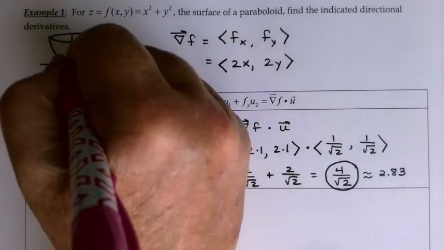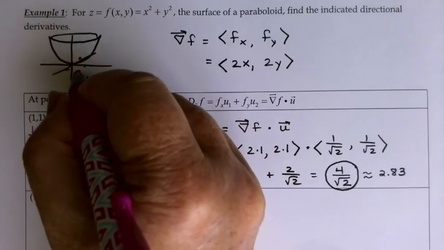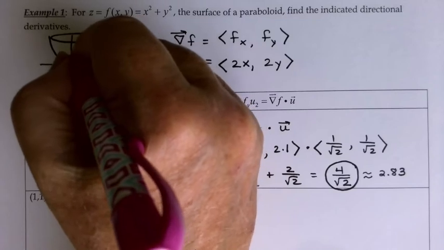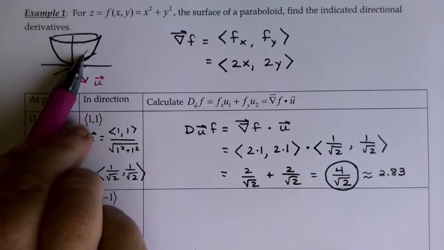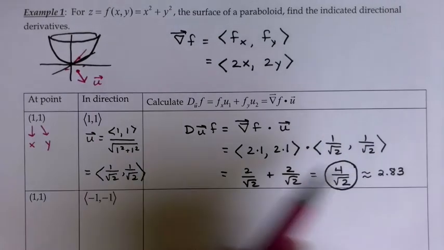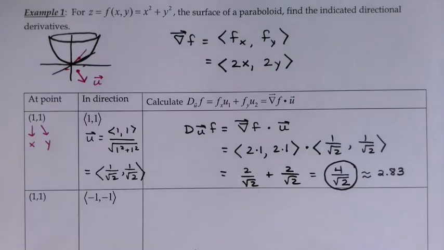Well, on the surface directly above me, I may be started here, and then as I walk outward, notice that this paraboloid would be going uphill. So the slope is about 2.83 along that paraboloid. All right, I won't do them all geometrically, but just to remind us what that's really saying. Let's do a couple more.